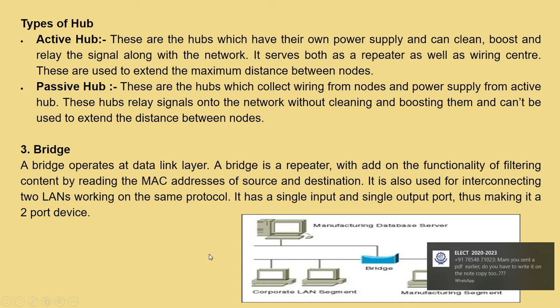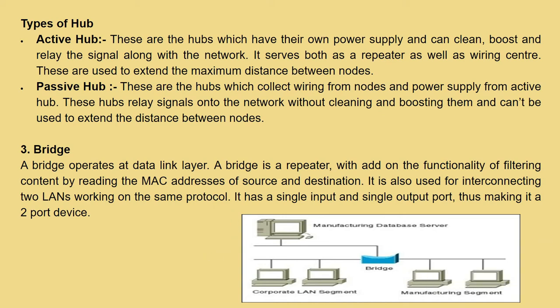A bridge is a repeater with added functionality of filtering content by reading the MAC address of source as well as destination. It is also used for interconnecting two LANs working on the same protocol. It has a single input and single output port, thus making it a two-port device.